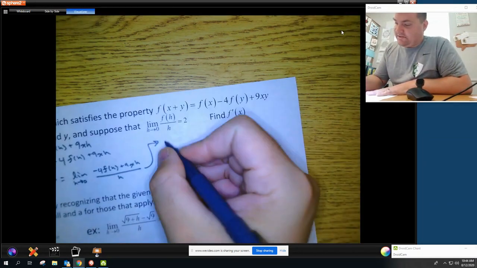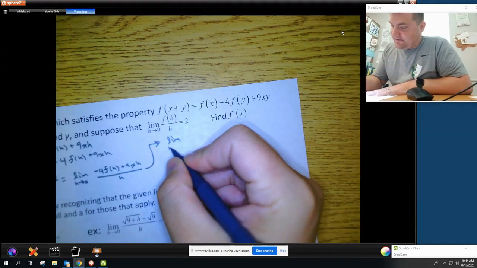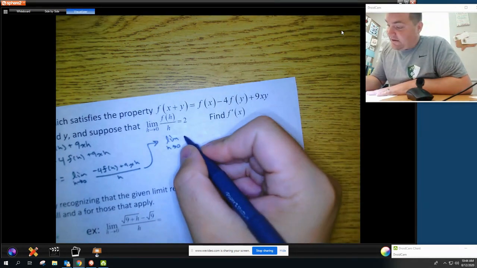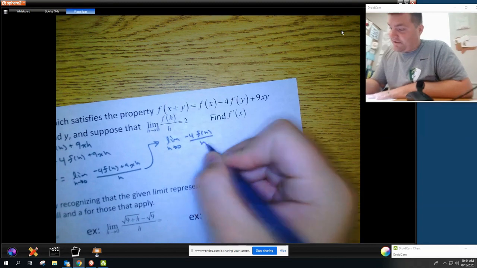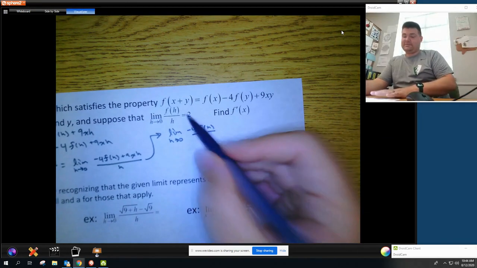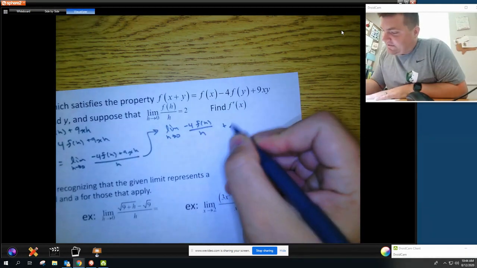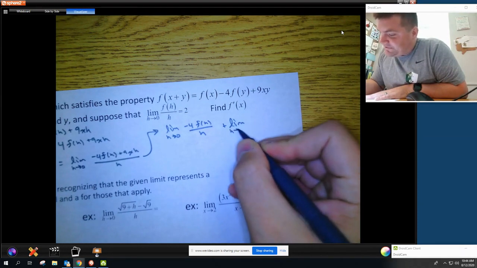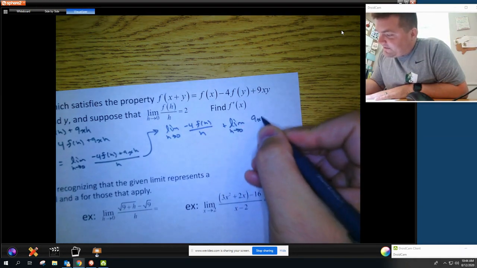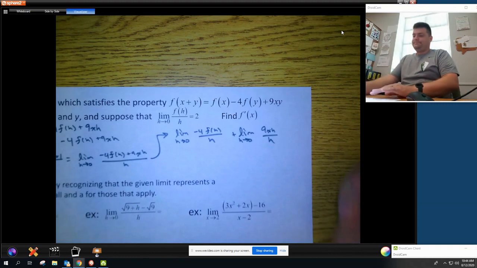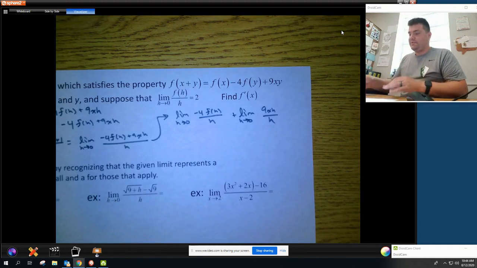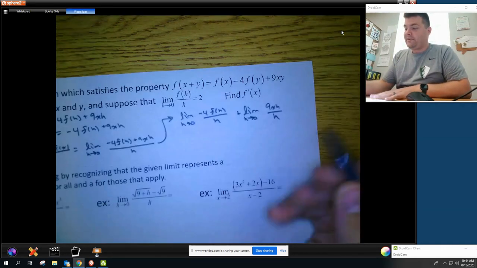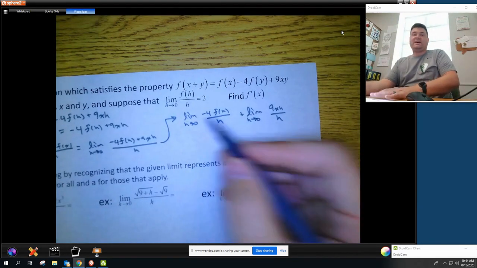But I do know this, that the limit as h approaches 0 of negative 4 f of h over h, and hey look, I'm going to start to get somewhere, plus the limit as h approaches 0 of 9xh all over h. And stuff's going to start to happen here. So first off, that negative 4, if you feel more comfortable, you can put that in front.